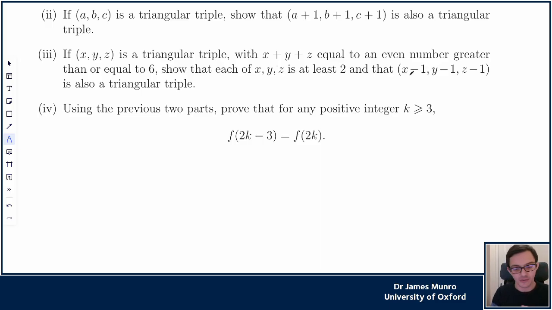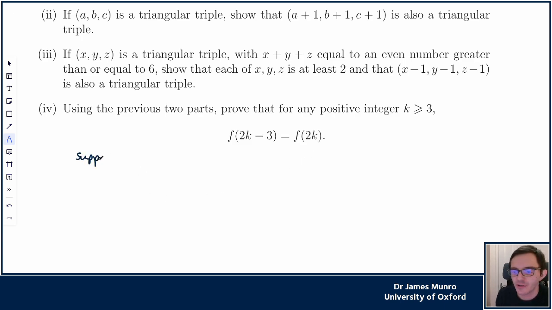That means that, subject to all of those conditions, there's a matching between triangle triples with 1 perimeter and triangular triples with perimeter 3 more, 1 on each side. This is not always true, but it is true if x plus y plus z is even and bigger than or equal to 6. So here's how it works. Let's start with this case.